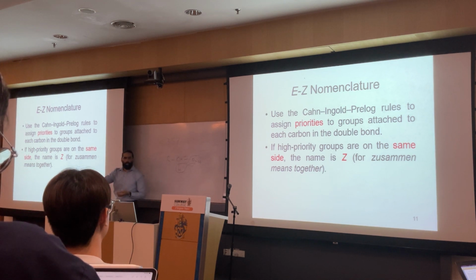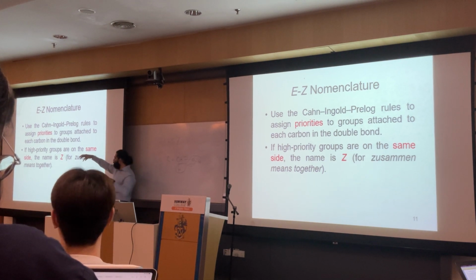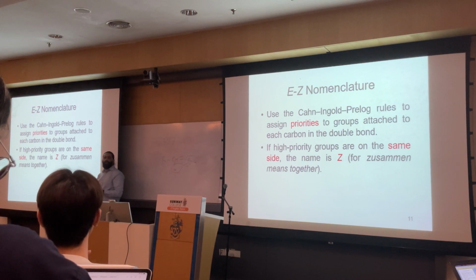This priority will be given on the basis of higher atomic number. You look at each thing attached to the carbon-carbon double bond and decide on the basis of higher atomic number. If any group has a higher atomic number as a whole, then you say that this one has higher priority, and the other group will be lower priority.